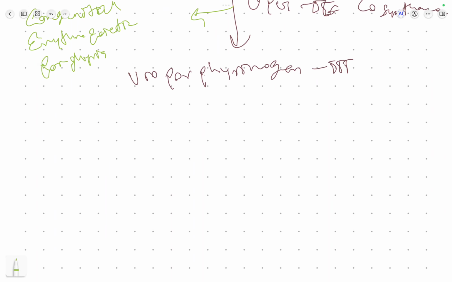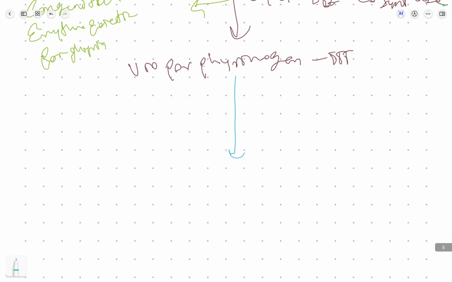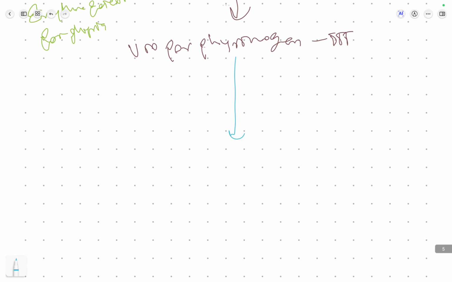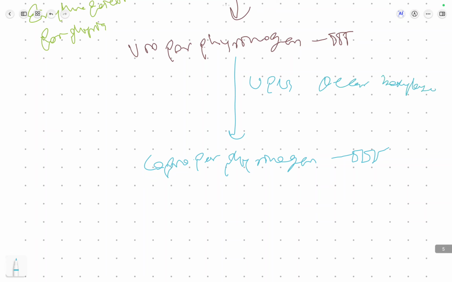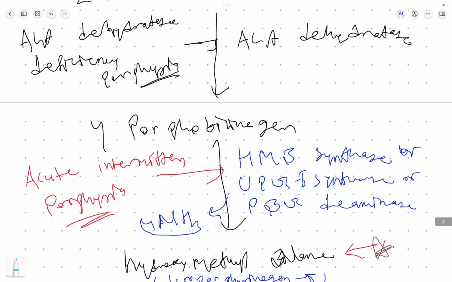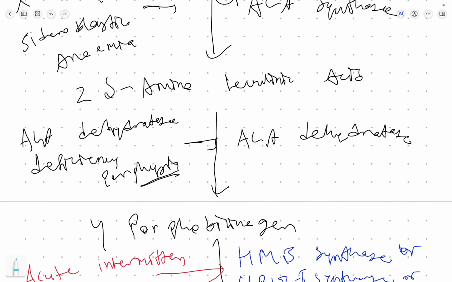Alright, now after the formation of uroporphyrinogen 3, we get to the next step, that is coproporphyrinogen 3, and the enzyme used is UPG decarboxylase.